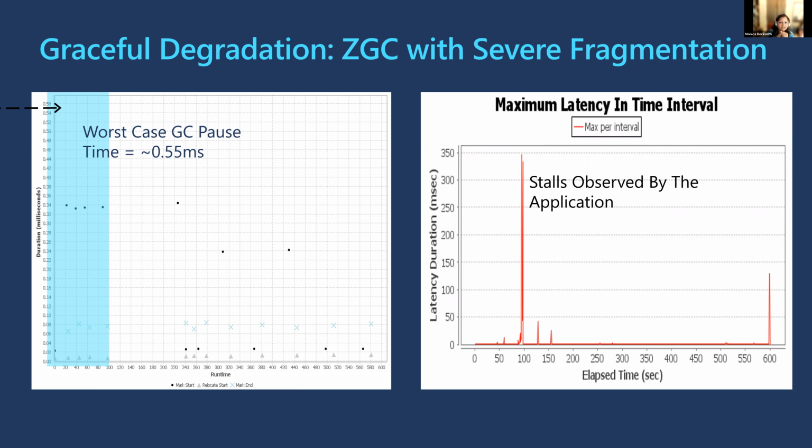So the GC maintained its sub-millisecond pause time promise. It said, hey application, you have to lean in, which means you may observe pauses, but I will never go more than 1 millisecond. So the application leaned in, and at times it was stalled because it was trying to help the garbage collector out because of the severe fragmentation that we were causing in the heap.